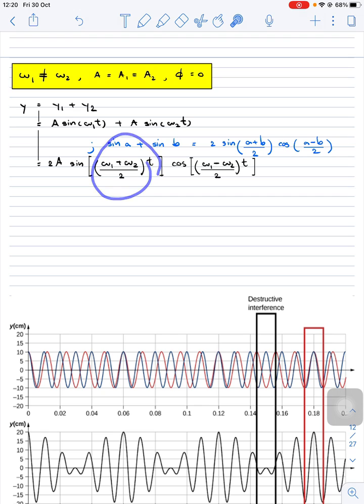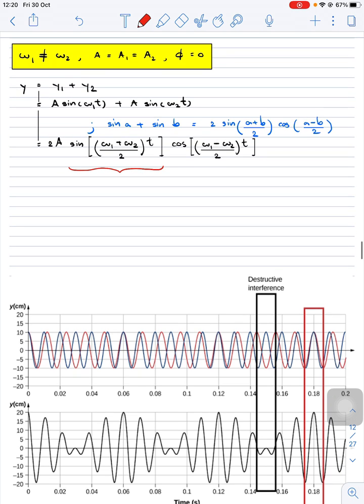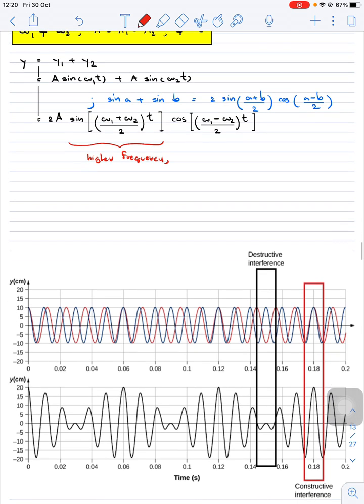But now for the first term here, the frequency should be larger, because we have omega 1 plus omega 2 over 2. So this term has the higher frequency. And then this term we have omega 1 minus omega 2 over 2, so the frequency of this term should be lower. Let me just write it here. This term contributes to the higher frequency, and on the other hand, it's going to contribute to the lower wavelength.